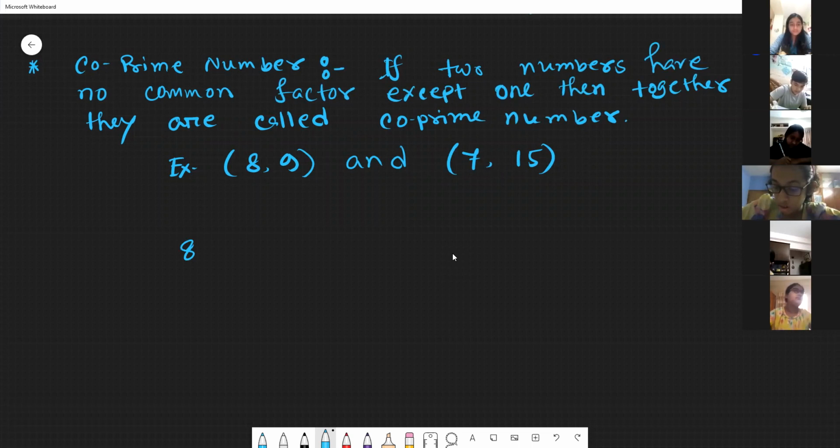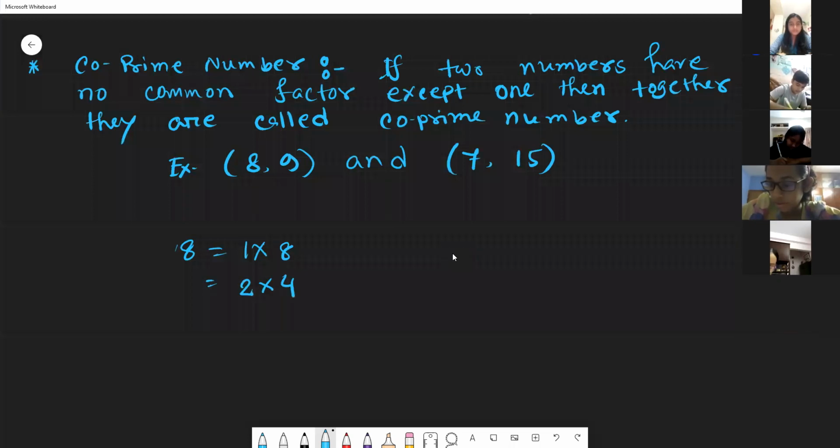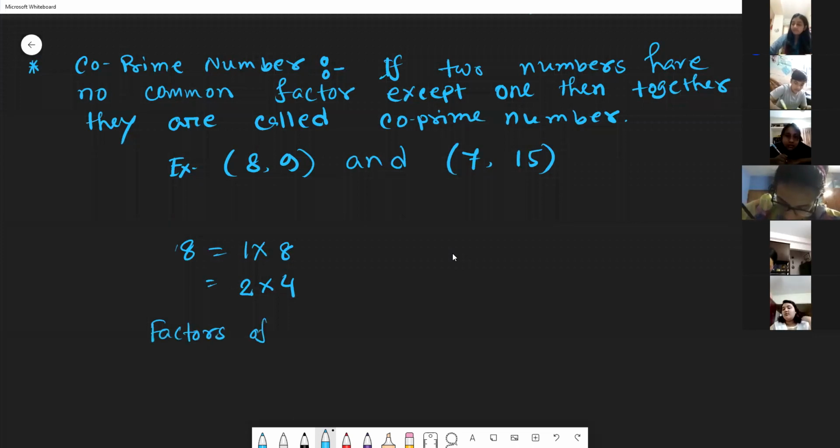Here 8 is equal to 1 multiply 8 and 2 multiply 4. So the factors of 8 are 1, 2, 4, 8.